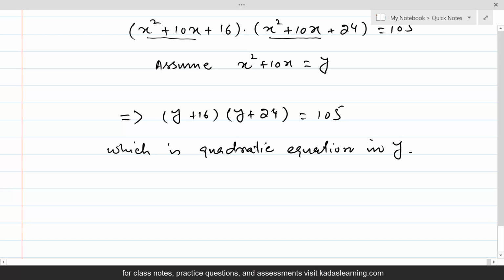Now you can multiply, standardize it, solve it, and then replace the value of y by x² + 10x again. We believe that you are well on your way to solving this question.